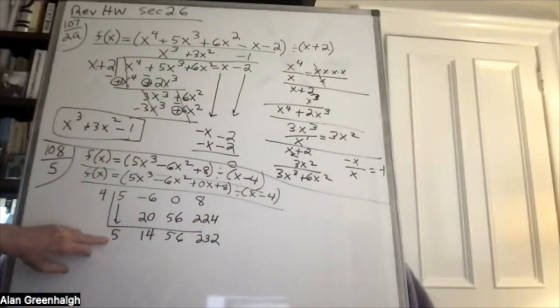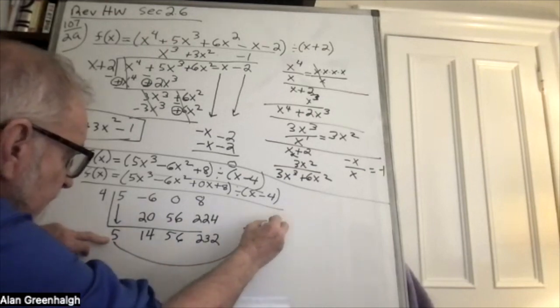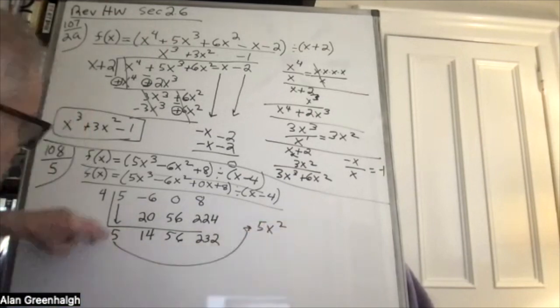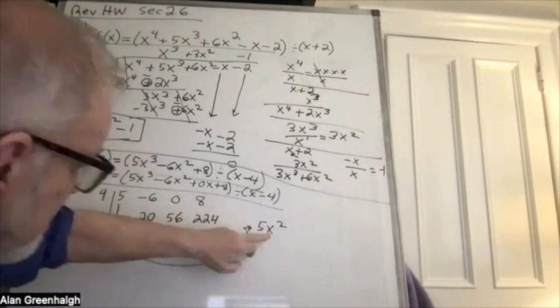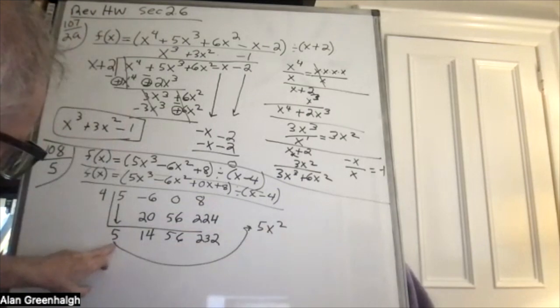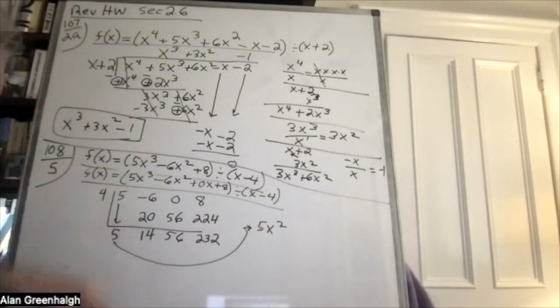So all of this becomes 5x squared, because you go down by 1. If this is to the third power, you start here with the second power. Whenever we do a division, like the division we did up on top, this was an x to the fourth, but the first one was an x to the third.